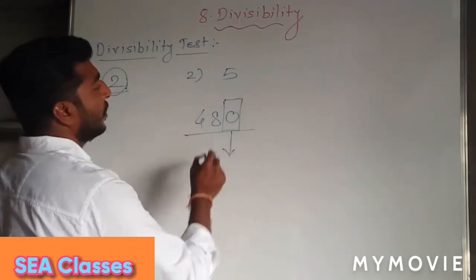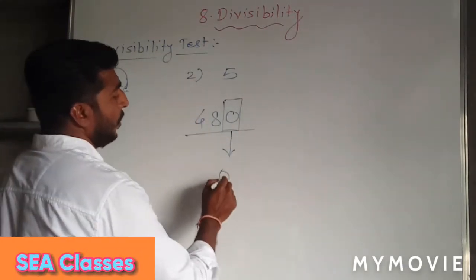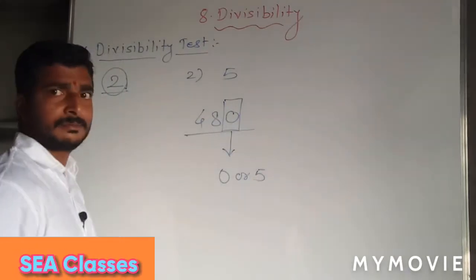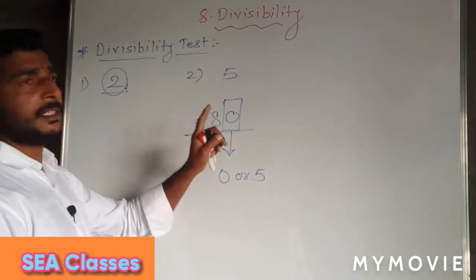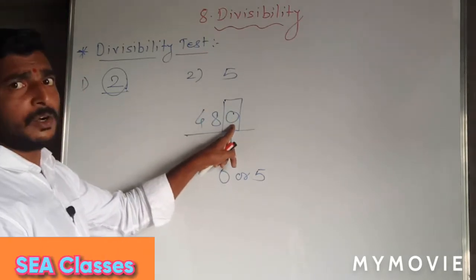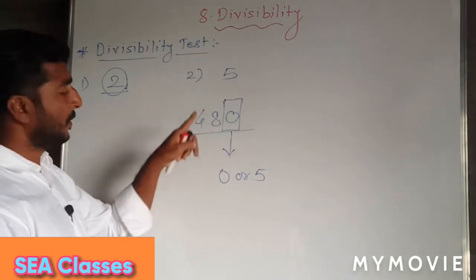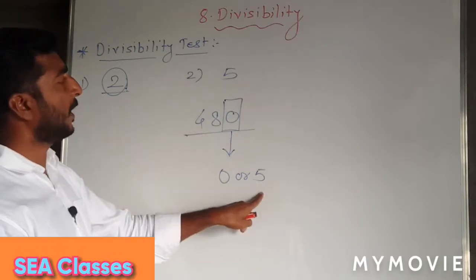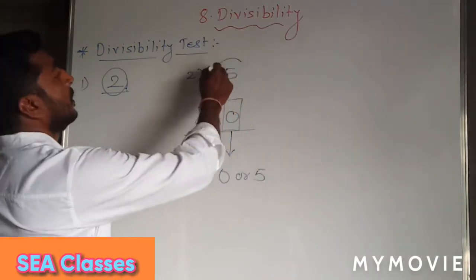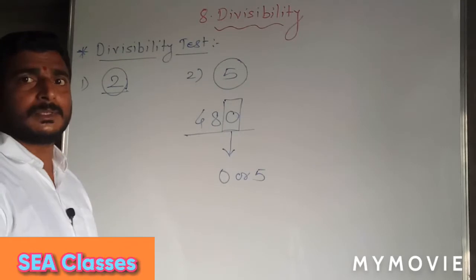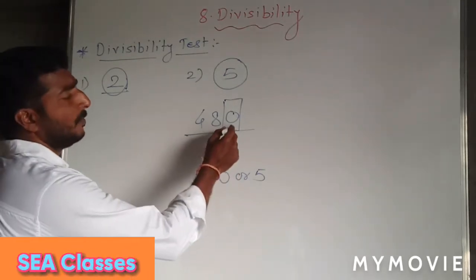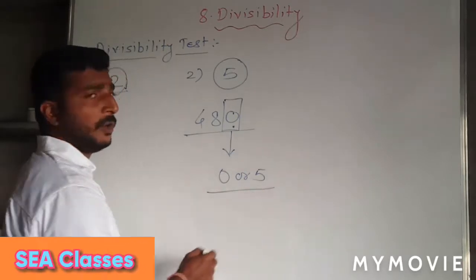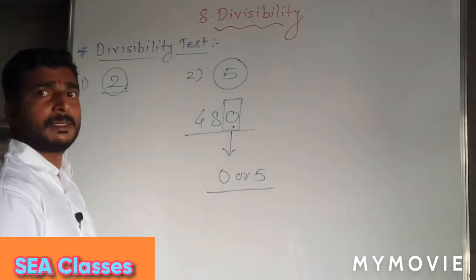If the unit place digit of any number is 0 or 5, then that number is divisible by 5. That is the divisibility test for 5. What should be the unit place of the given number? It should be 0 or 5, then that number is divisible by 5.